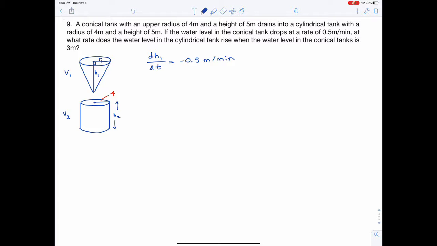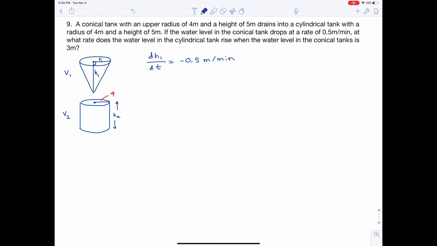Okay? So we want to do two things. The first thing I want to do is find the rate of change of the volume of the conical tank. The reason is that the volume leaving the conical tank is entering the cylindrical tank, so those are going to be equal. Whatever leaves is going into the cylindrical tank.